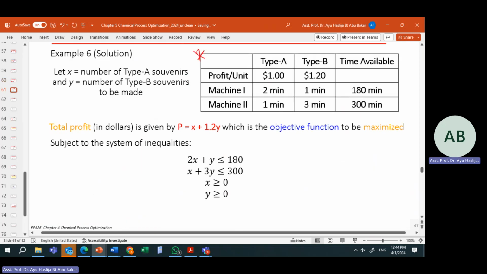We see the table over here: type A is X, type B is Y. Now we have developed the objective function, and these are the constraints. So how do we get this constraint? This one refers to the machine 1 constraint.